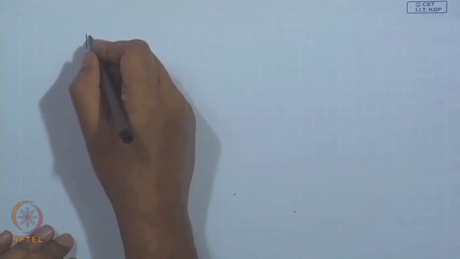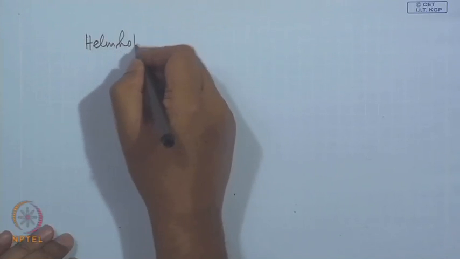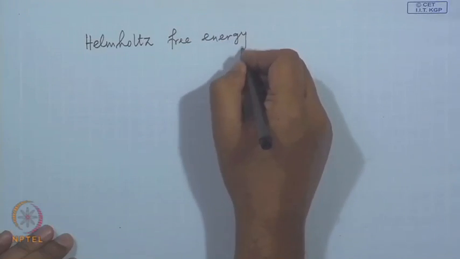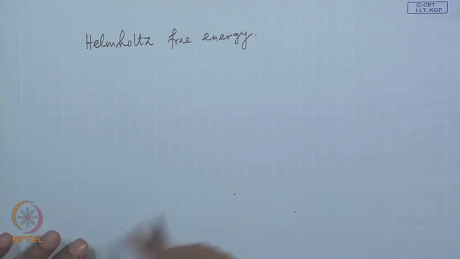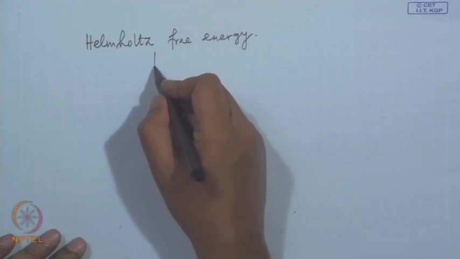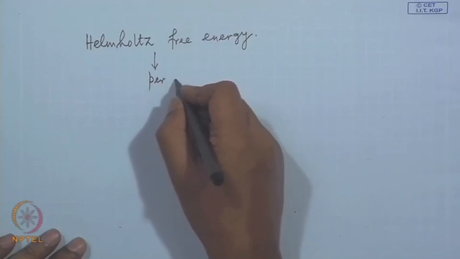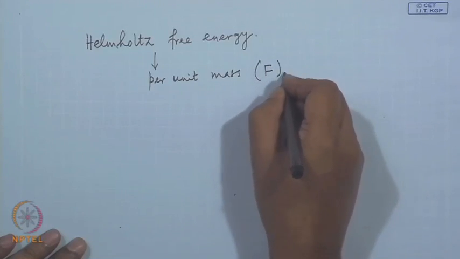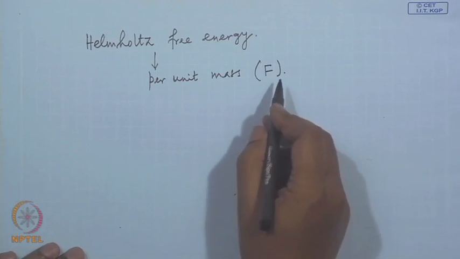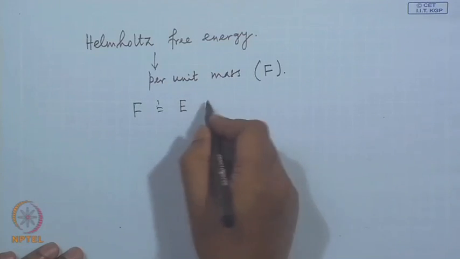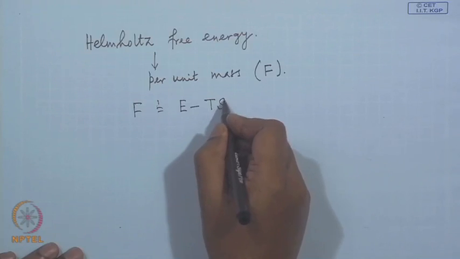One more important state function is the Helmholtz free energy. Per unit mass we define this by F, and the definition of F is E minus T s.